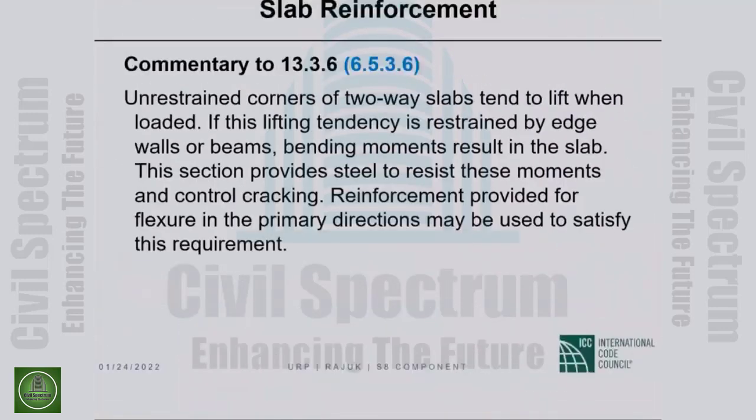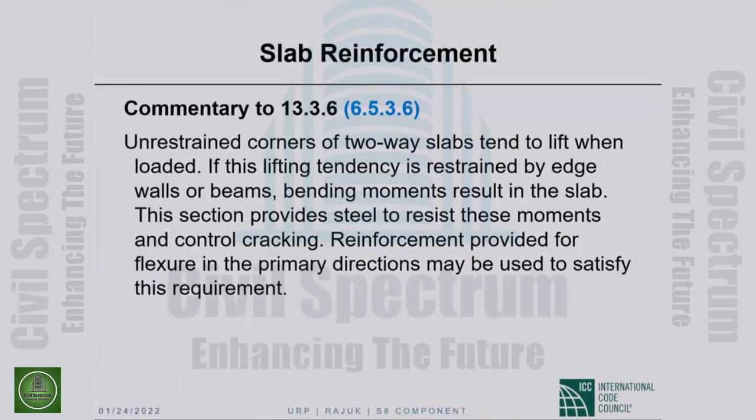Unrestrained corners of two-way slabs tend to lift when loaded. I think you can visualize this, right? Beam supported slab, unrestrained corners tend to lift when loaded. You have the slab supported on beams, you are loading the slab, so the corners want to lift off.